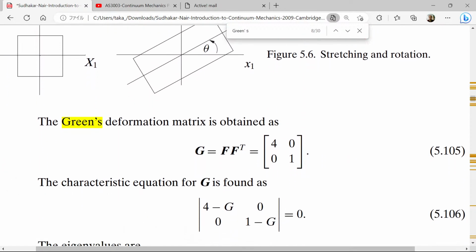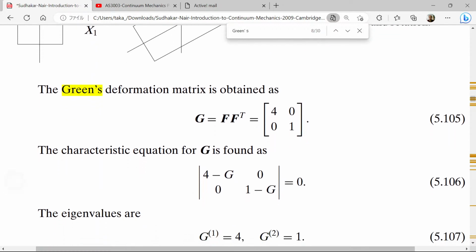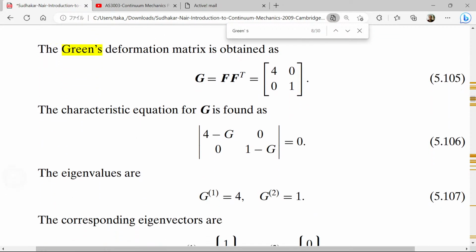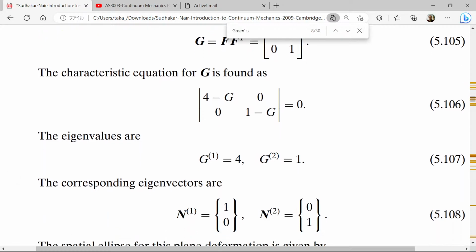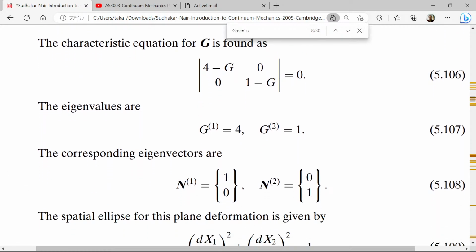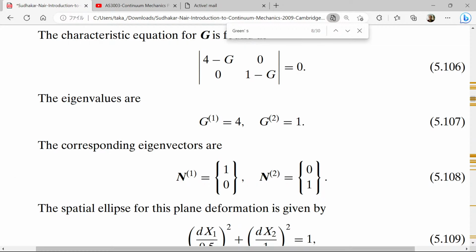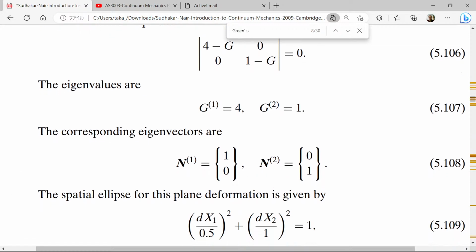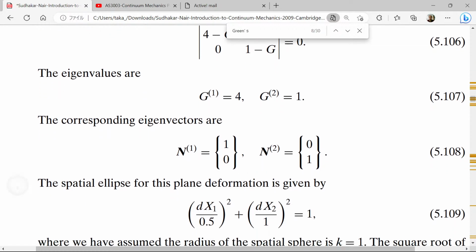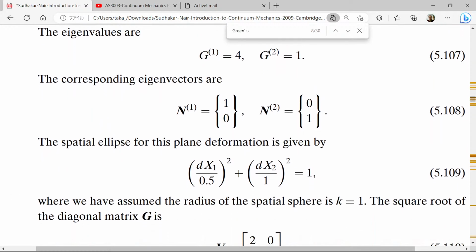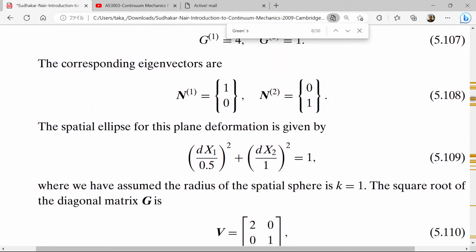The characteristic equation for G is found as this, so the eigenvalues are G1 equal 4 and G2 equal 1. The corresponding eigenvectors are 1, 0, 0, 1.